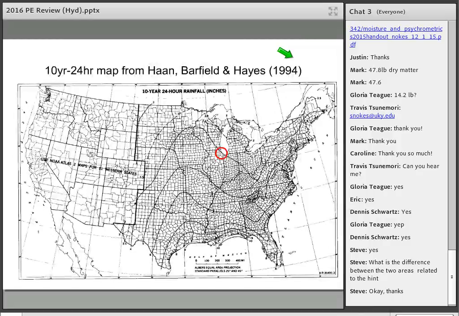Northeastern Illinois, on that style map, this particular one is the 10-year 24-hour map. It came from the Haan, Barfield, and Hayes book, but there's a similar map in all the Schwab books, so it's available. Essentially, you go up in this area. That's northeastern Illinois, right there against the lake, mostly Chicago and Lake County north of it.